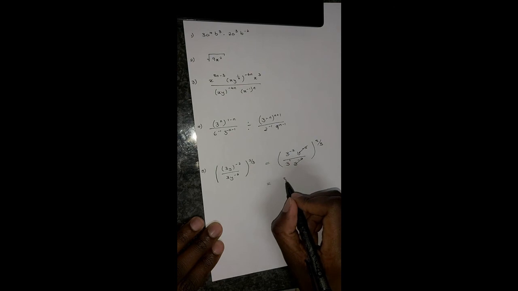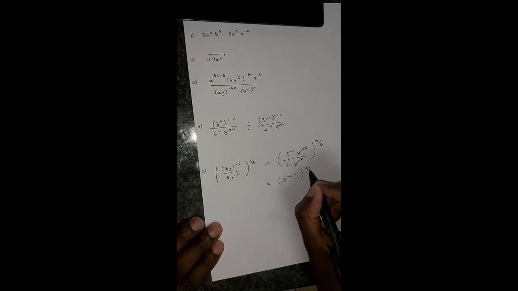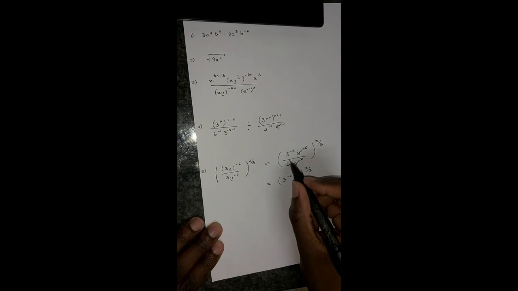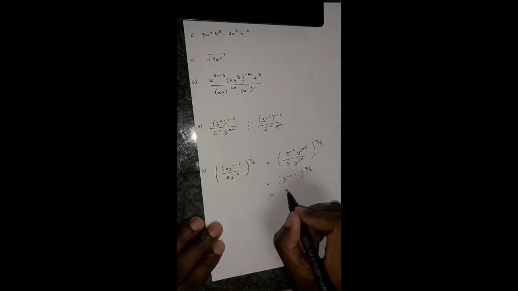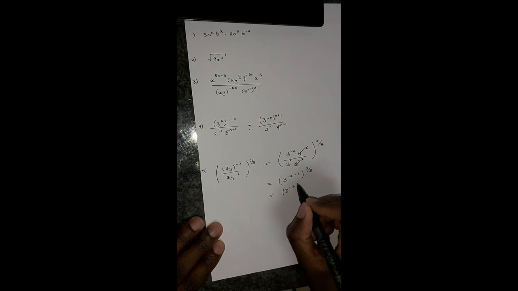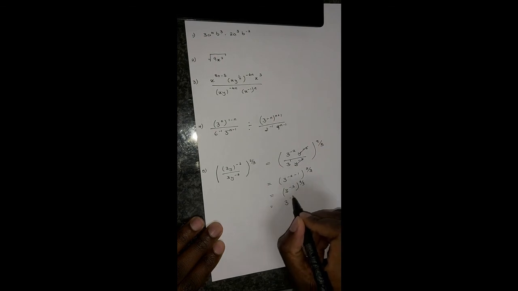Okay, so this becomes 3 to the negative 2 minus 1, to the power of 2 over 3, because we're removing the denominator to put it on the numerator as well. So that will be just 3 to the negative 3, to the power of 2 over 3, which is equal to 3 to the negative 3 times 2 over 3.